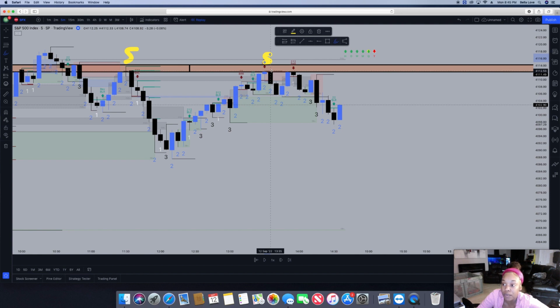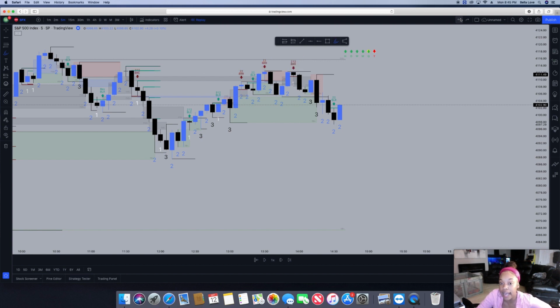It never passed 4112.53, so it wasn't really a safe entry for calls yet. And then it went here again, and that's when my trade hit for me, and I was able to take a light 65% on the day. So yeah, that is how I traded my quick put today, $11 down.